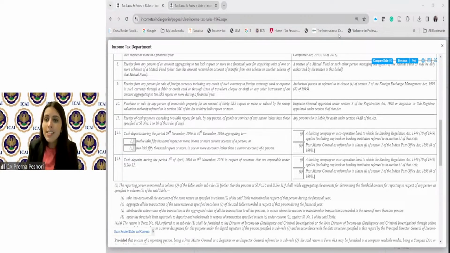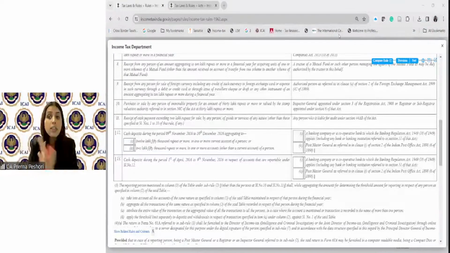just to ask them to verify whether they have included this information in their return. If you have, then just reply to us as feedback to AIS that yes, we have reported. If you have not reported, then also tell us whether this is income, whether you have missed it out. So just consider revising your return or filing the updated return.